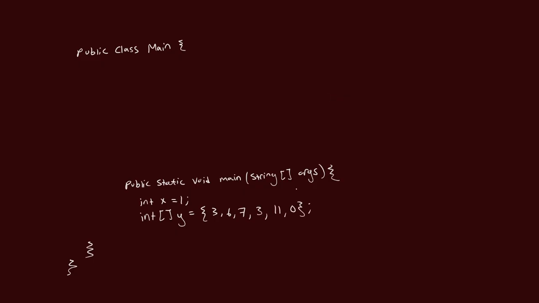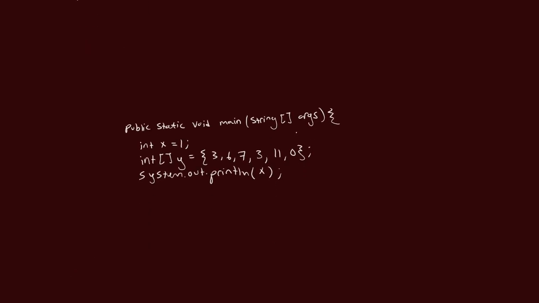Then I'm going to print out x. And then I'm going to print out the first index of my array, so it'll be y square bracket 0.